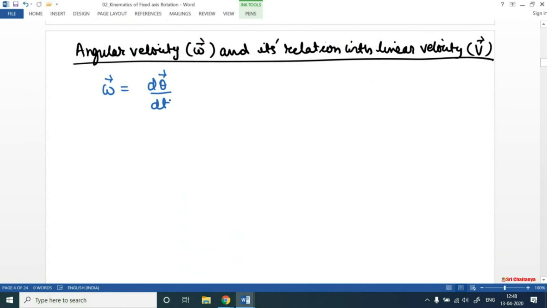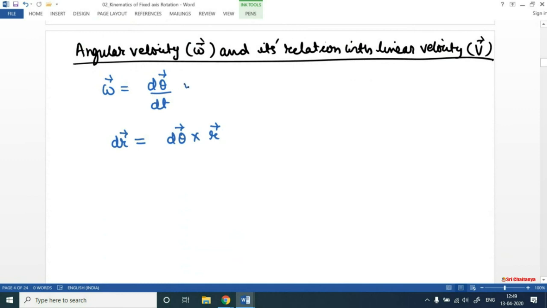Now for the relationship with the linear velocity, previously we derived the relationship dr is equal to d theta cross r. We will be using that relationship to establish another relation between omega and v.